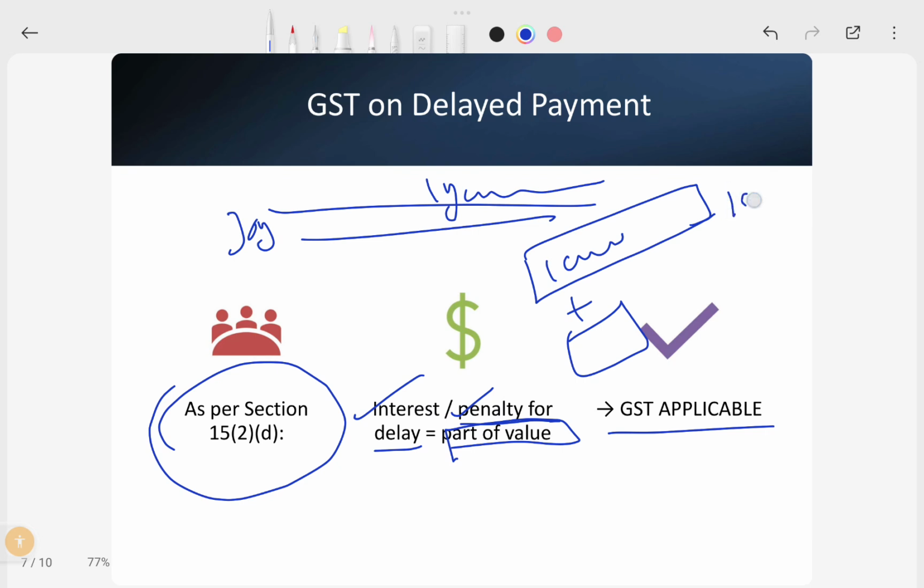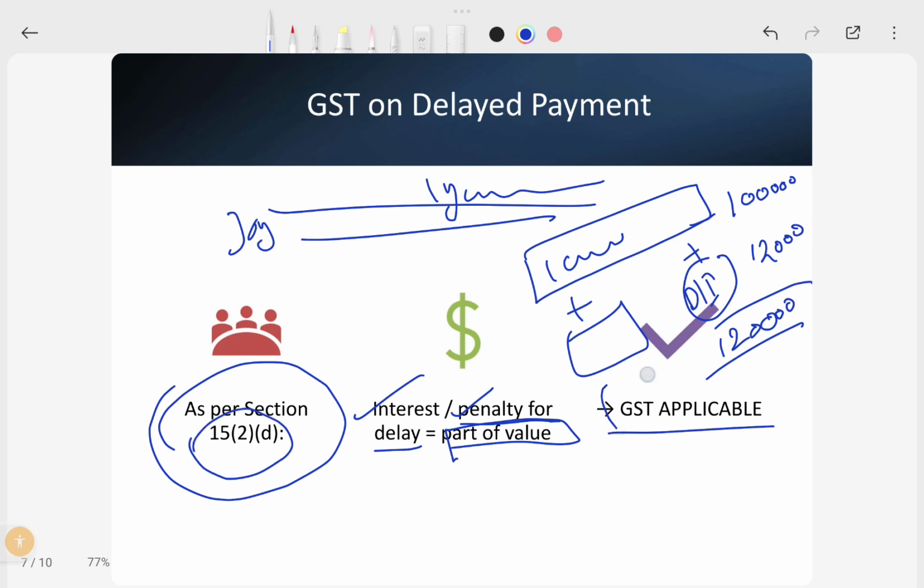So the 1 lakh is the value of the supply, plus the delayed payment interest of 12,000. If he has paid in 1 year, the entire 1,12,000 is the value of the supply of the related goods or services under this particular section.